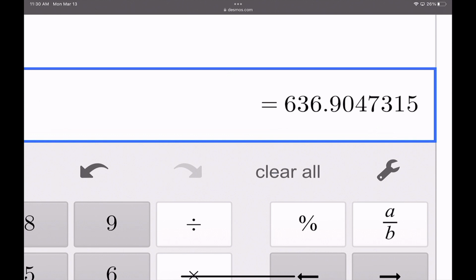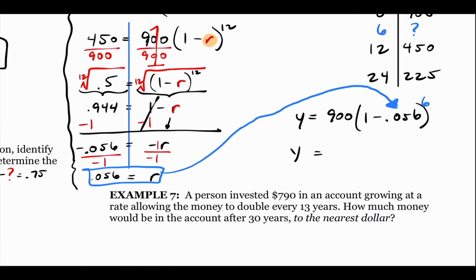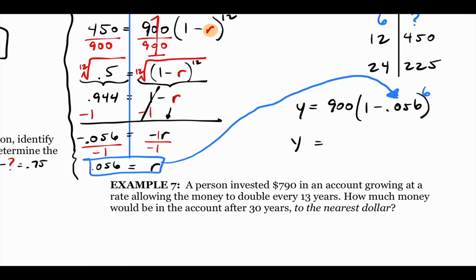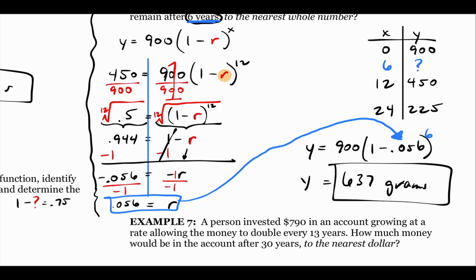I'm going to round up because the number right behind the decimal is a 9. That means round up. So 637 grams. So that's the number that would go right there.